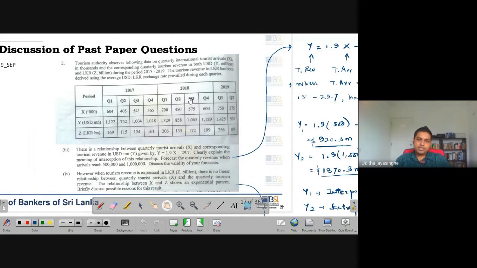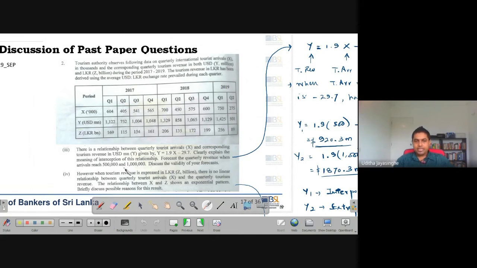The x variables are the tourist arrivals in thousands, and the tourism revenue is Y in million USD, and Z is the same values in rupees, given by using some exchange rate. Y is USD million and this is LKR billion, million and billion, during the period of 2017, 18 and 19.